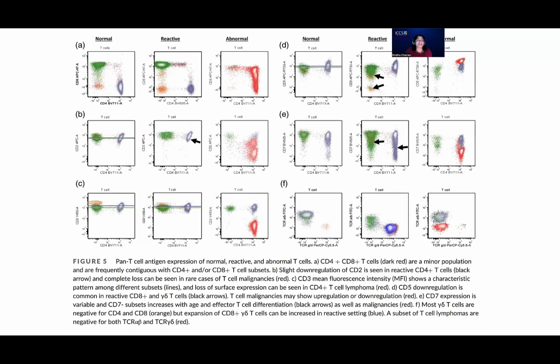In addition to useful tables, there are a number of dot plots and histograms that may be of use to you. For instance, here is an example of Figure 5 from the paper, which contrasts normal patterns of antigen expression from those seen in reactive settings. And these are then contrasted further with the abnormal patterns you'd see in T-cell neoplasms.